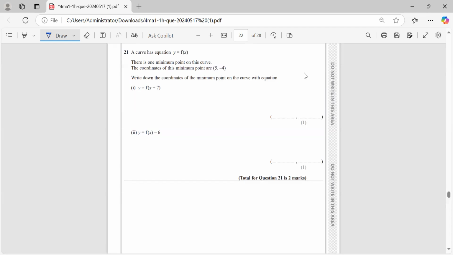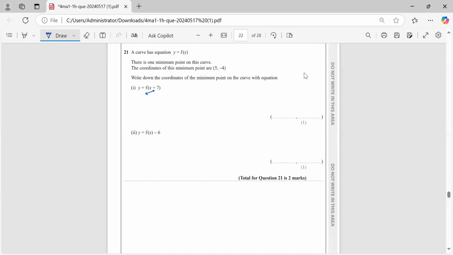So if it's inside the bracket, it's a translation. And if it's plus, it's showing you the direction it's moving. If you see a plus, it means it's moving to the left. If it was a minus, then it was moving to the right, right? So x plus 7 simply means that it's moving 7 steps along the x-axis in the negative direction, right?